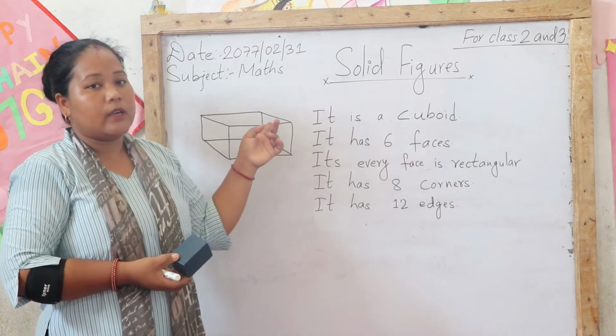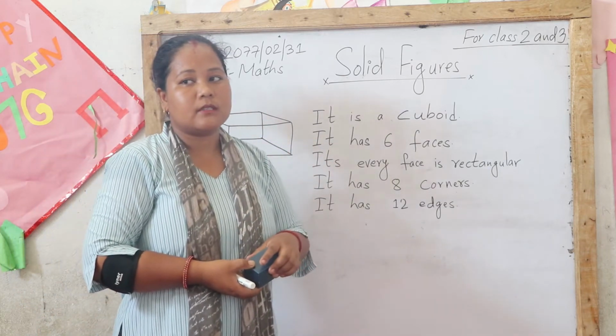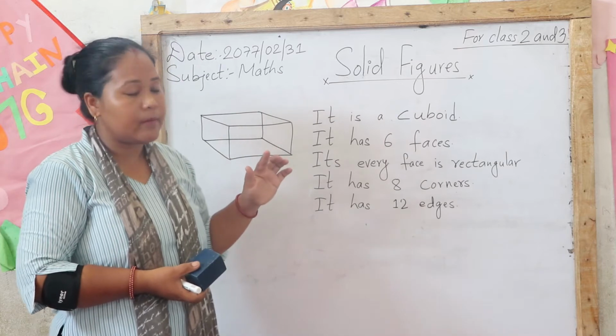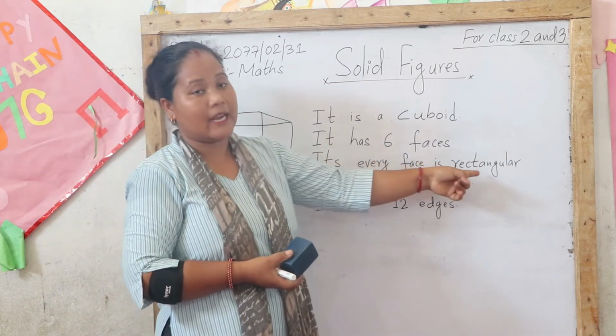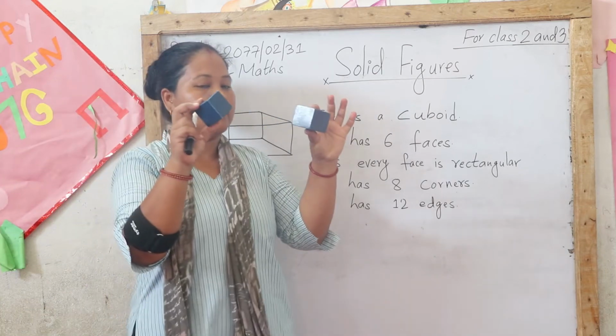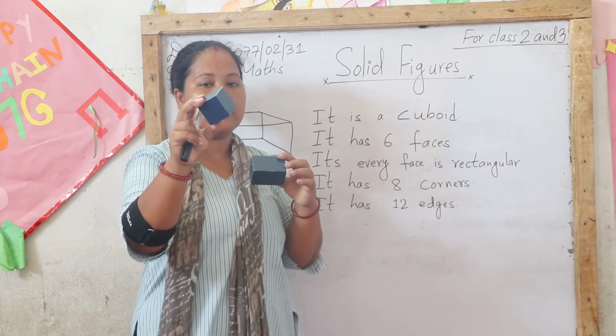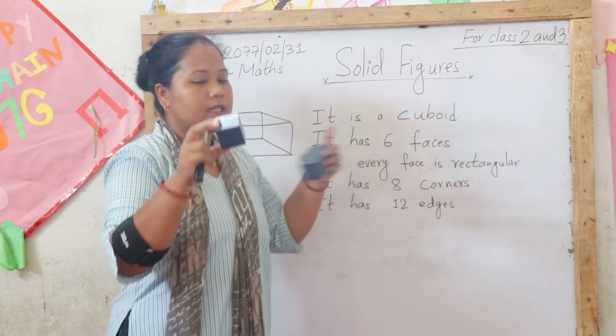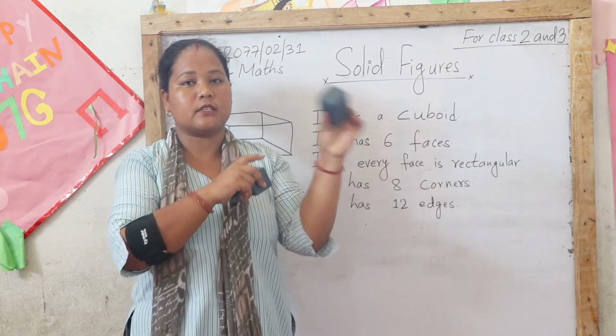The properties of cube and cuboid are almost the same. One property is different, that is their faces. In cube there are 6 faces, in cuboid also 6 faces.